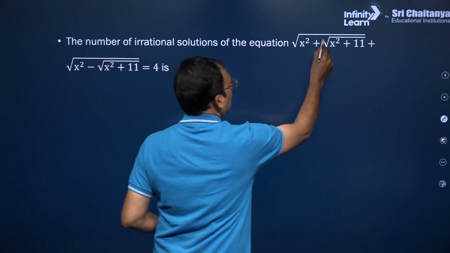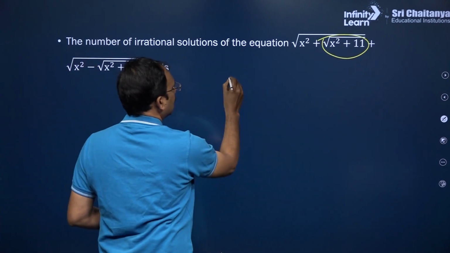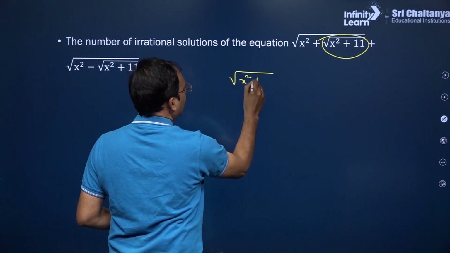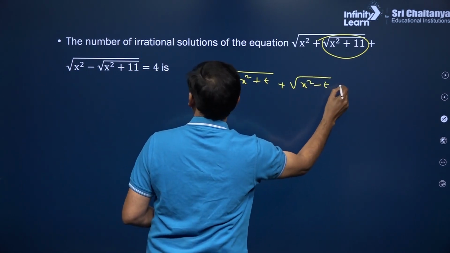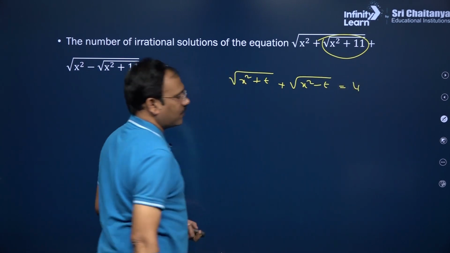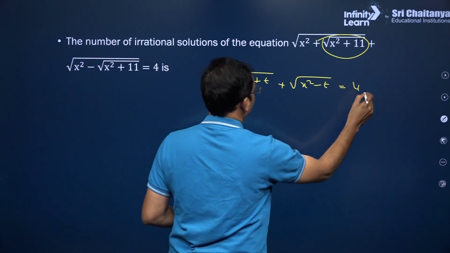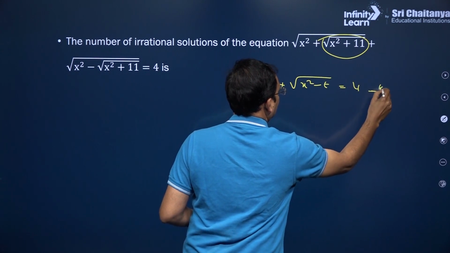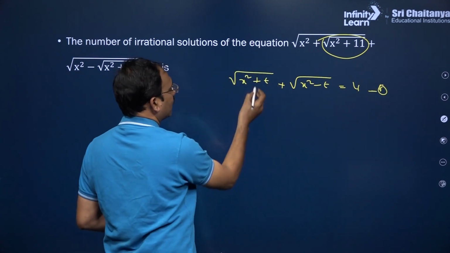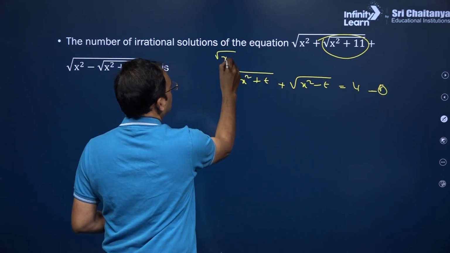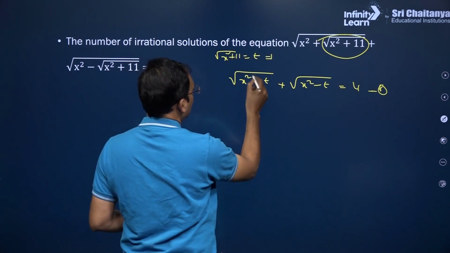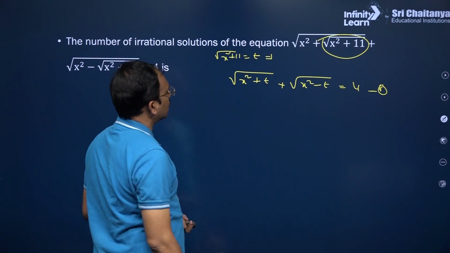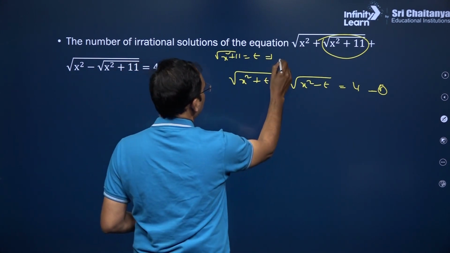Next, the number of irrational solutions. You just take root of x square plus 11 as t, you will get root of x square plus t plus root of x square minus t is equal to 4, my dear friends. This is equation number 1. Okay. And of course, my dear friends, root of x square plus 11 is t, in the sense you can say x square plus 11 is equal to t square.